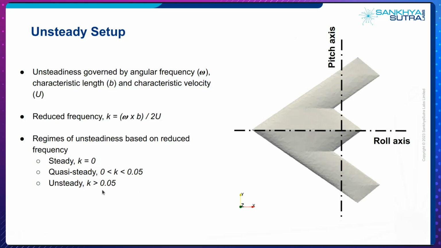And if your unsteadiness is beyond 0.005, then your flow is going to be completely unsteady. So you will probably see all these flow features that are characteristic of sharp movements and inertia dominated flows.